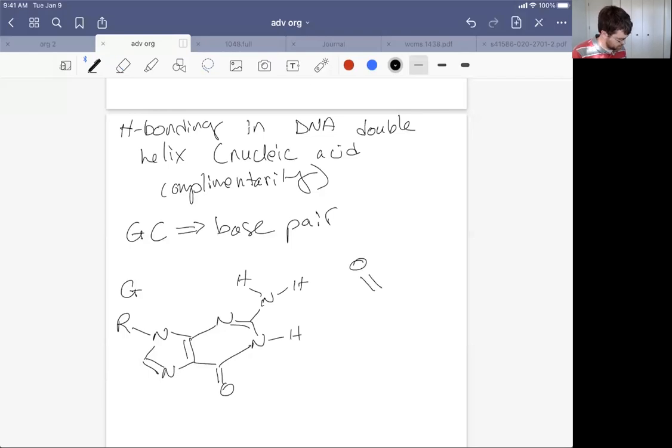All right, now we're going to go carbonyl up here. And this is going to connect with C. Let's get these names down. Guanosine and cytidine.